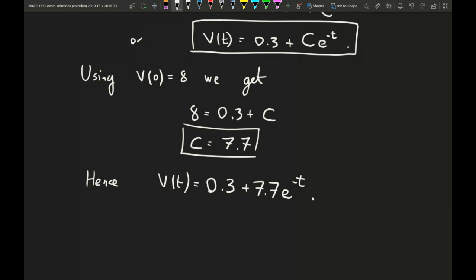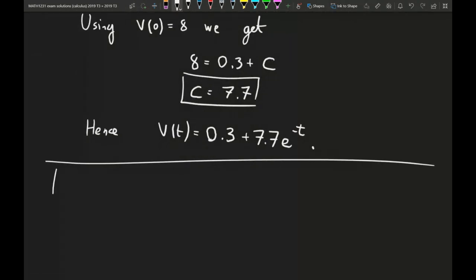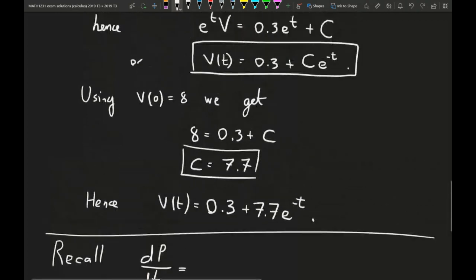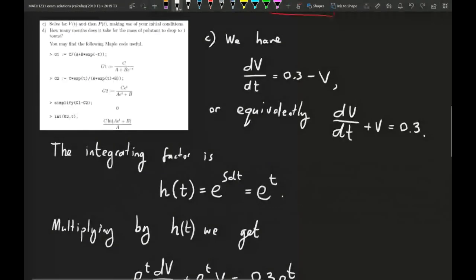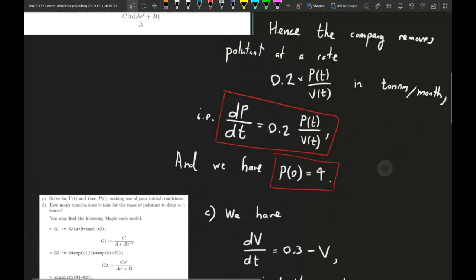Now that we solved for v, we can try and solve for p. So let's just recall what we had. So we had dp/dt is equal to, now did I get, where's that equation? There is a mistake here.